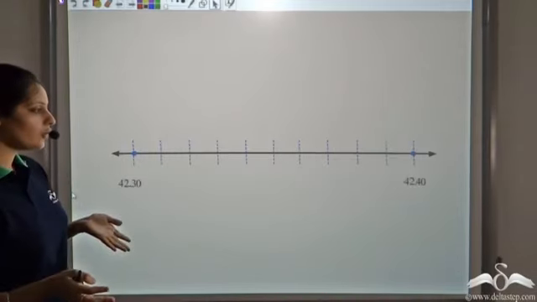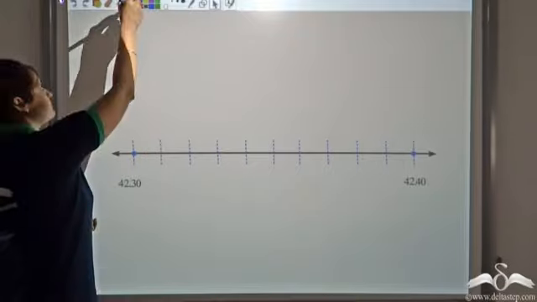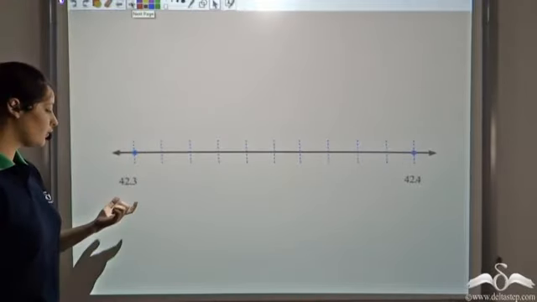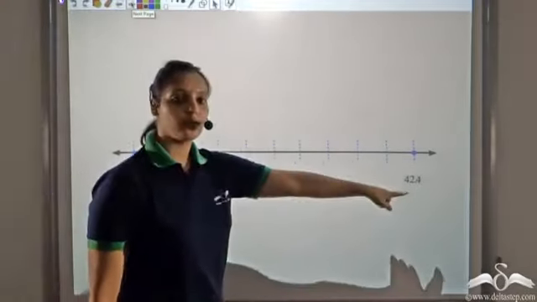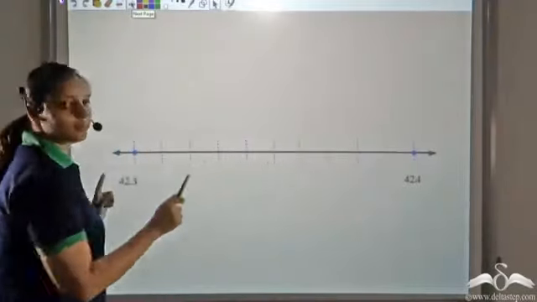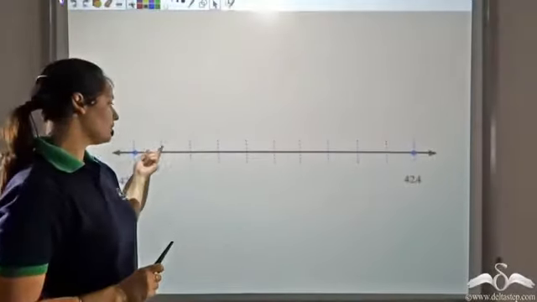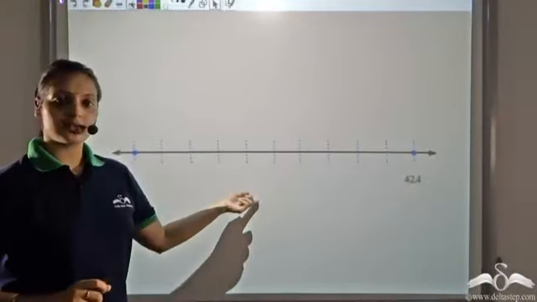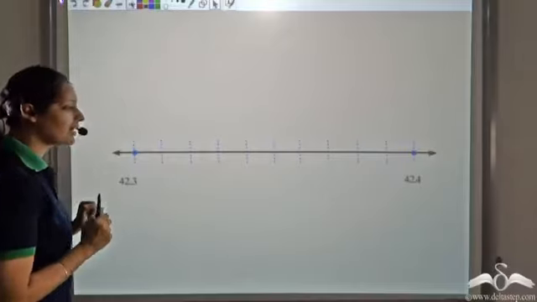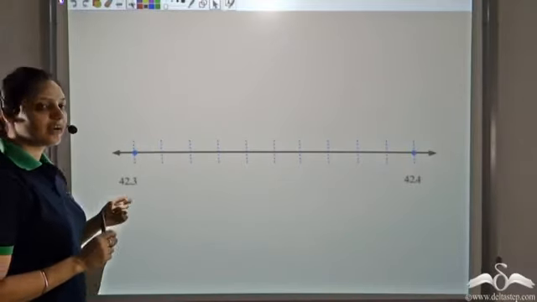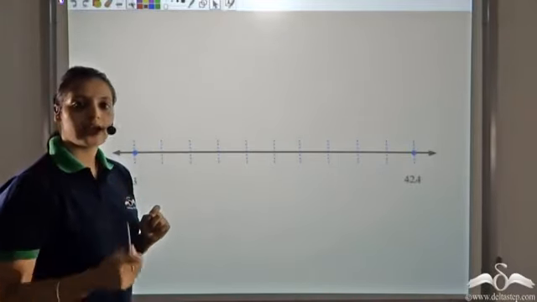I again divide it into 10 equal parts. And this is what I get, 42.3, 42.4. I divide it into 10 equal parts. So now the question is, how do I have decimal numbers to represent this? How will I do that? What I have done basically is, I have divided the tenth distance into 10 equal parts.